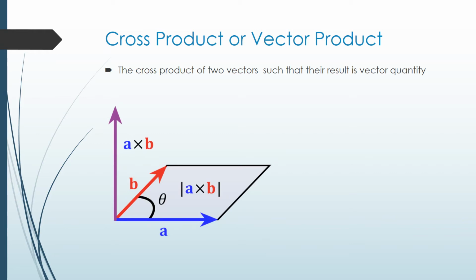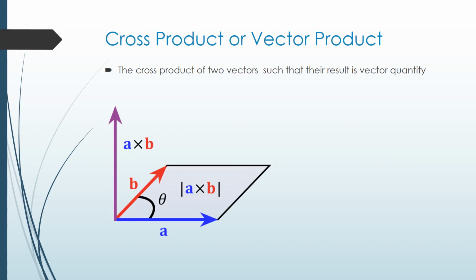If you consider this figure in which you see two vectors A and B, having a certain angle between them, that is theta, and if you take the cross product between them, the resultant will always be perpendicular to vectors A and B, or you can say to the plane in which you have vector A and vector B.